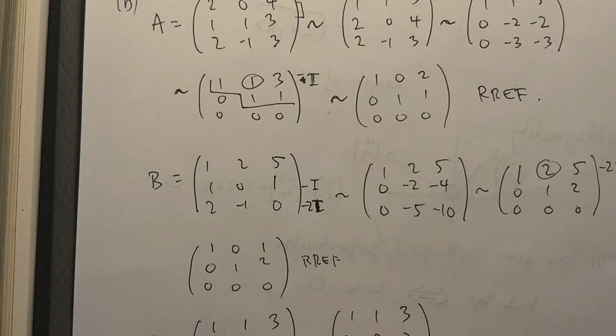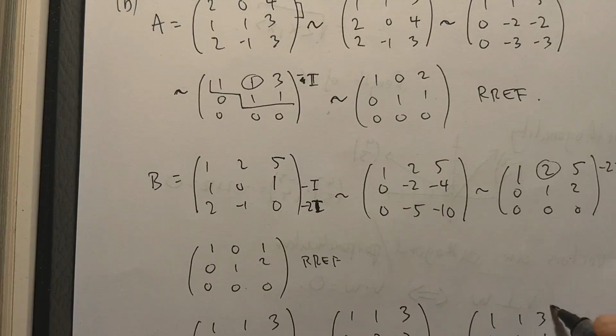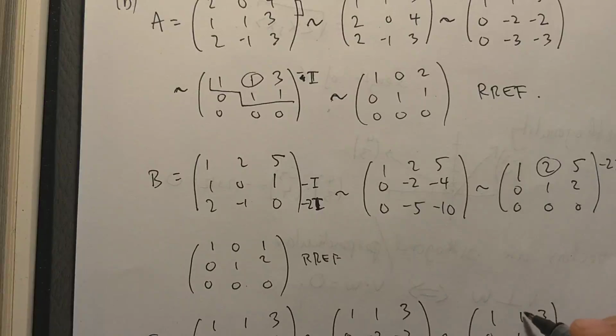And add the first to the last: 0, 2, 2, excuse me. So 1, 1, 3, 0, 1, 1, 0, 0, 0. We have to get rid of that 1 there by subtracting the second row from the first: 1, 0, 2, 0, 1, 1, 0, 0, 0.